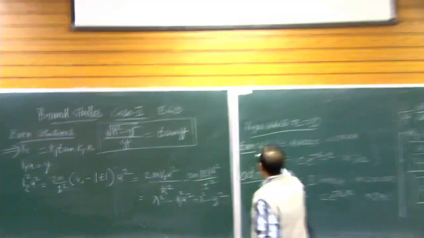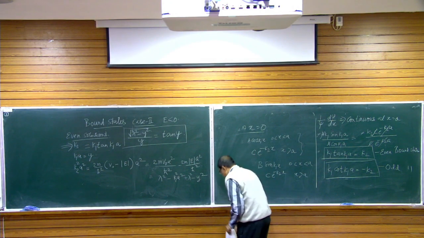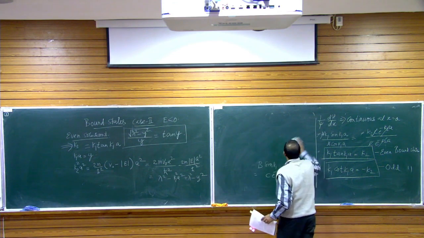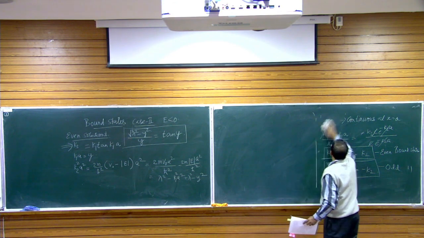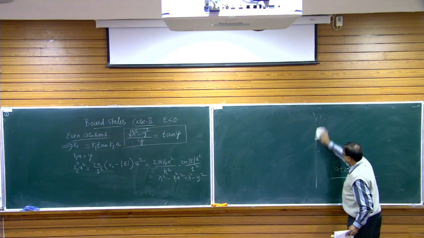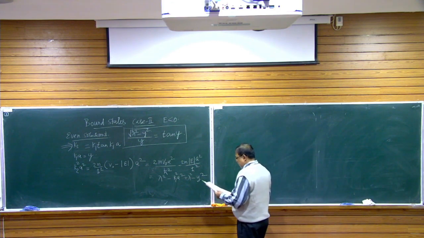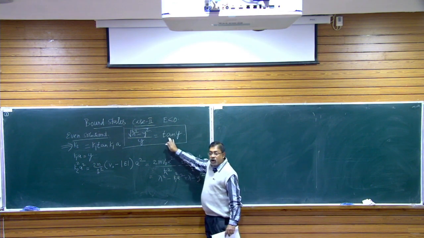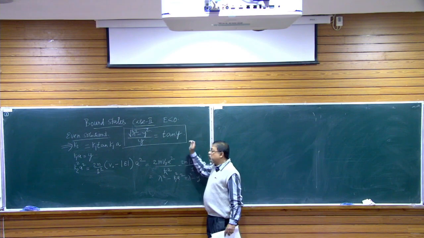Let me come to this part of the board. What I'll do is I'll plot each one of them, the left hand side and the right hand side, both as a function of y.